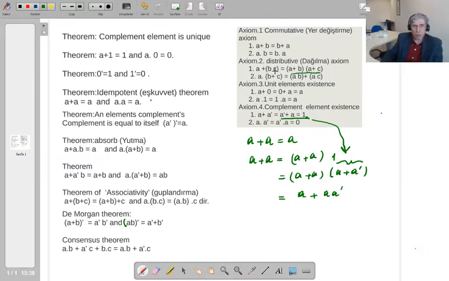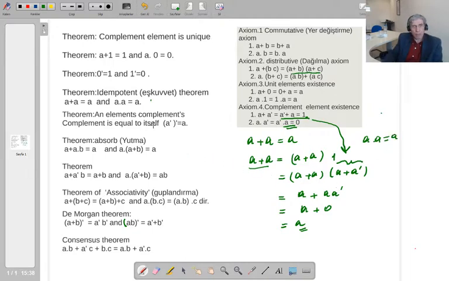Instead of this I wrote the left hand side, a at the output, and in parentheses the other elements in the other parentheses multiplied. A times a prime is equal to 0, it's here, so a plus 0. 0 added to anything gives you that thing, so it becomes a. So that's this axiom, the final one. So I proved that a plus a equals a. So similarly, you can say that the dual of this, a times a, gives you a.